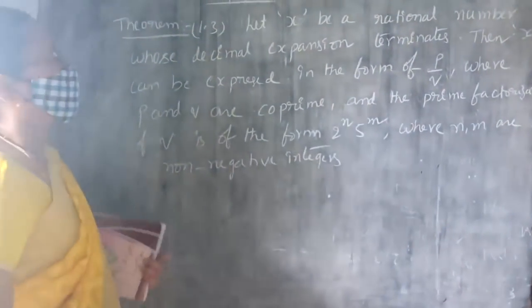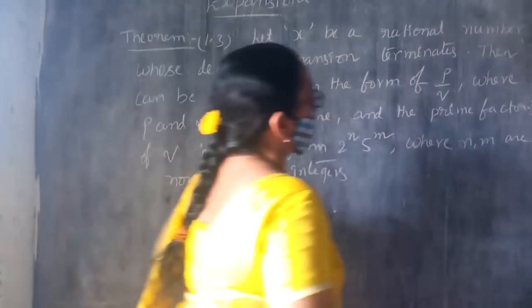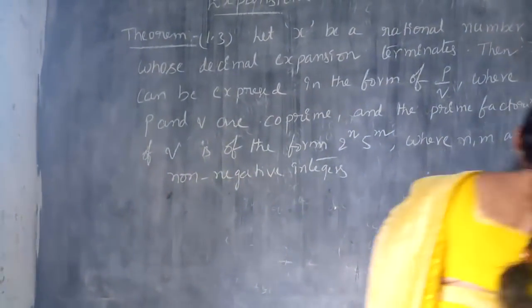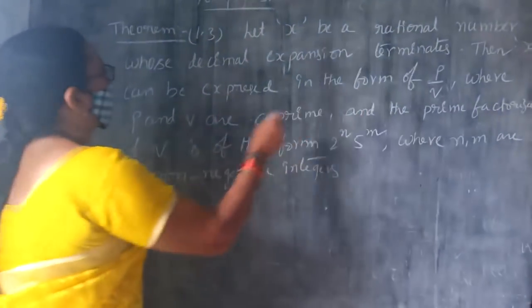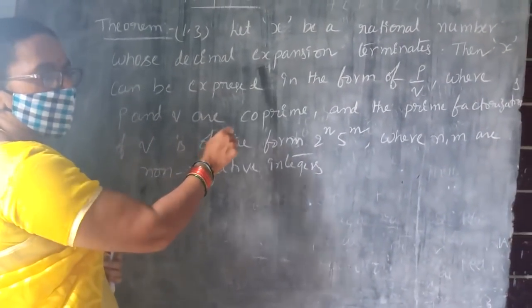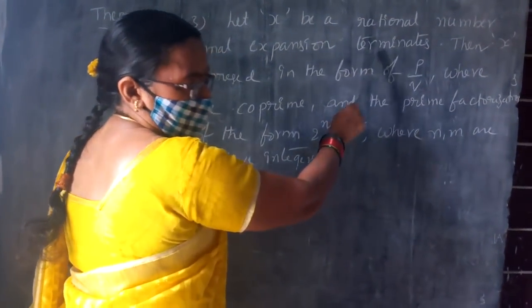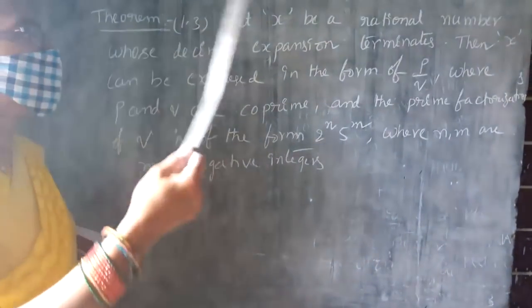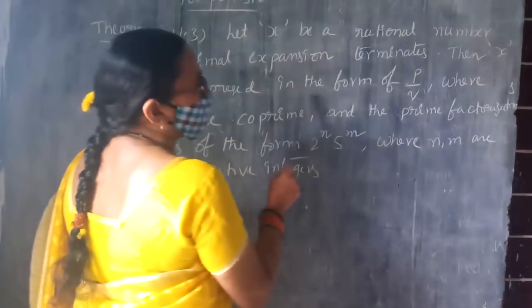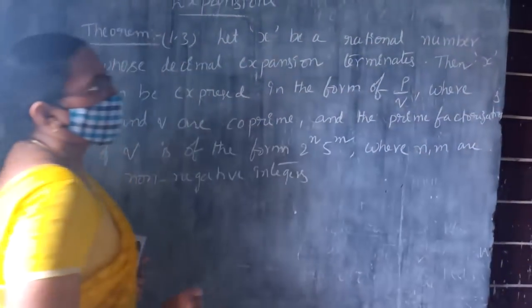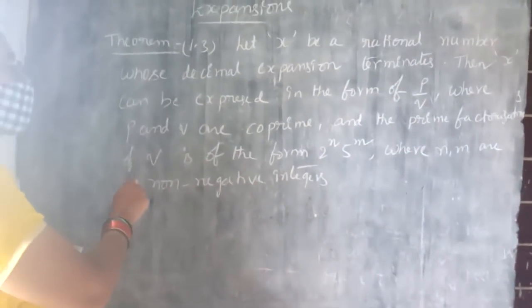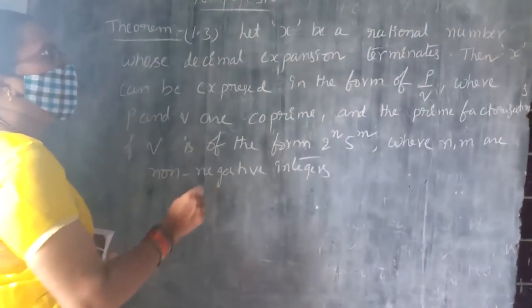Children, let x be a rational number whose decimal expansion terminates. Then x can be expressed in the form p by q, where p and q are coprimes.